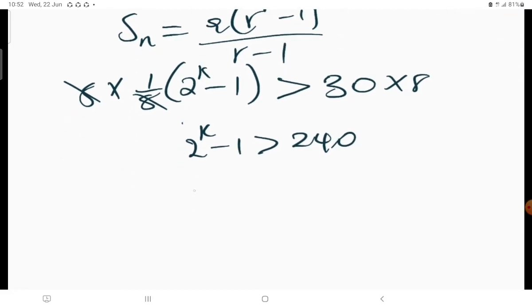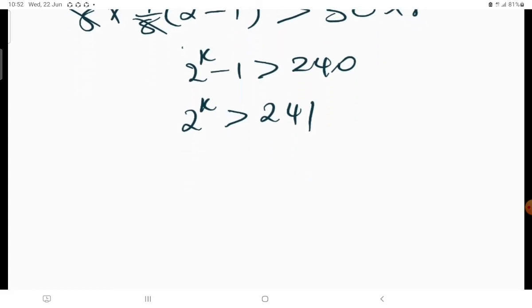After that, you will be having 2 to the power of k greater than 241. We probably don't have anything that has to do with 241 here, so we really need to apply logarithms.